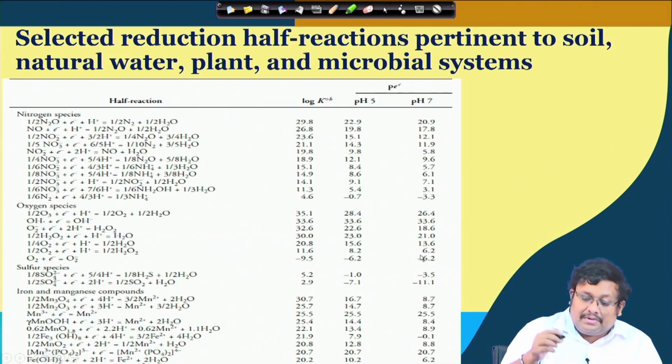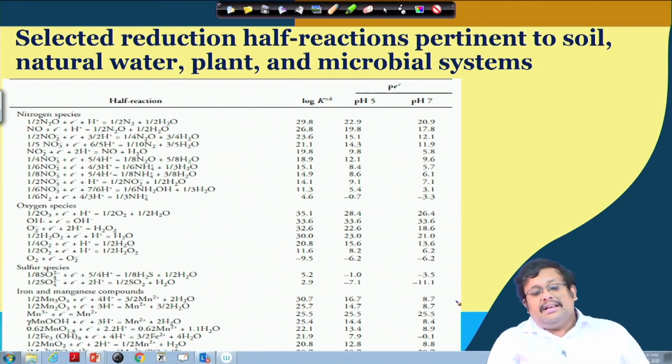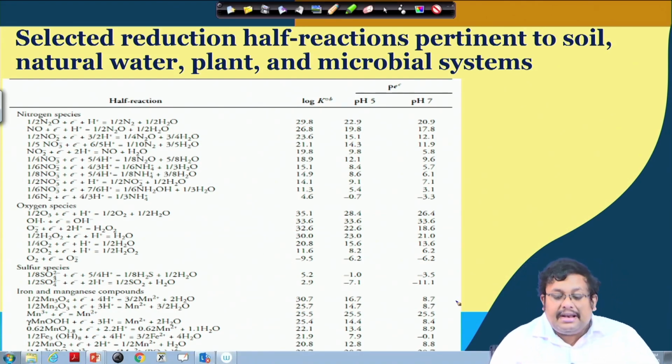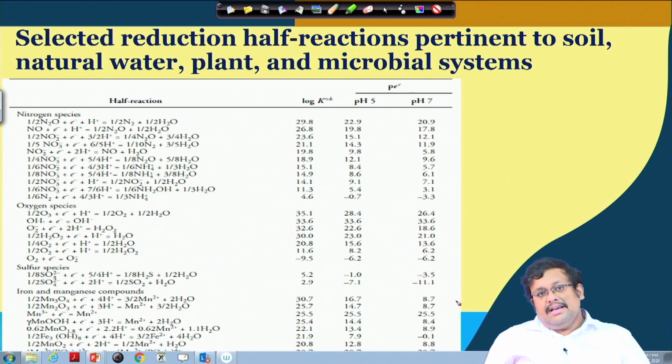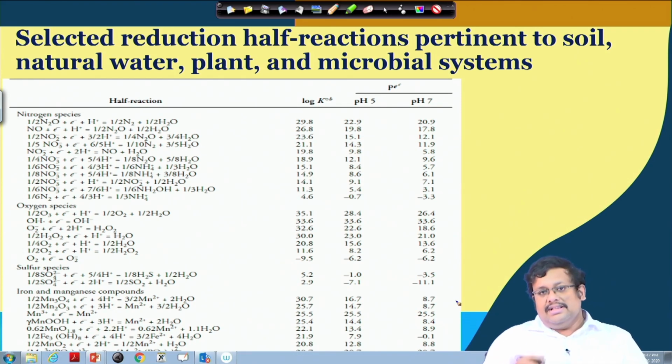Now, these tables show selected reduction half reactions pertinent to soil, natural water, plant and different microbial systems. Now, what is a half reaction? In a redox reaction, the half reaction is either the reduction reaction or the oxidation reaction.